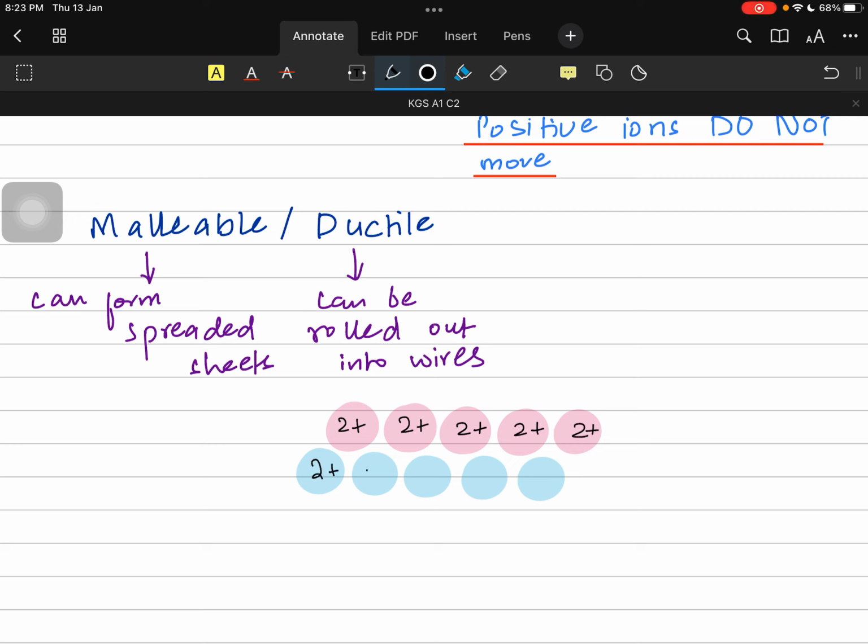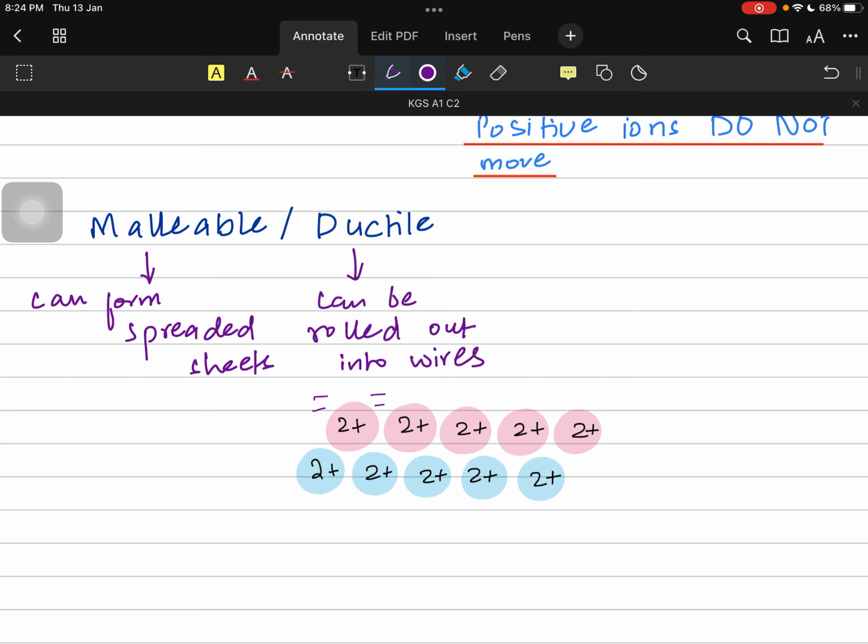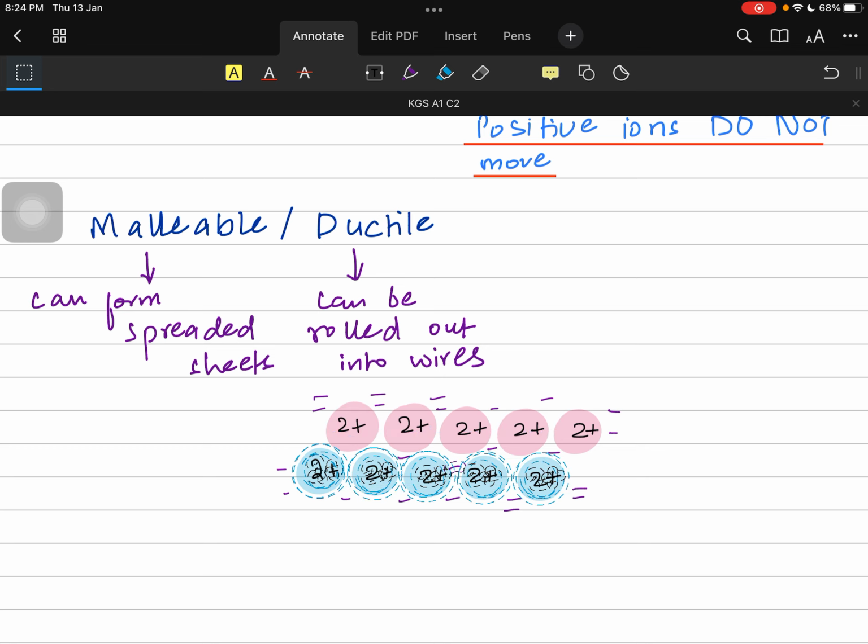These are also copper atoms, just differently colored, and their mobile sea of electrons is also here. This is my mobile sea of electrons, which is very randomly arranged over here, right? Cool. These layers can slide over each other without moving away from each other. So that is why metallic lattices are malleable, ductile, and flexible.